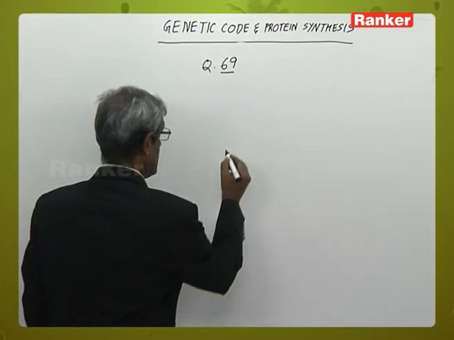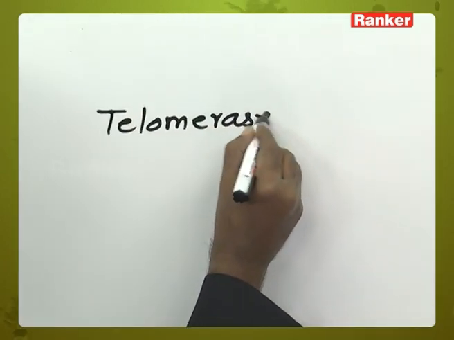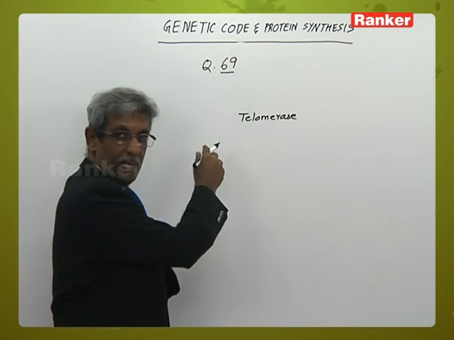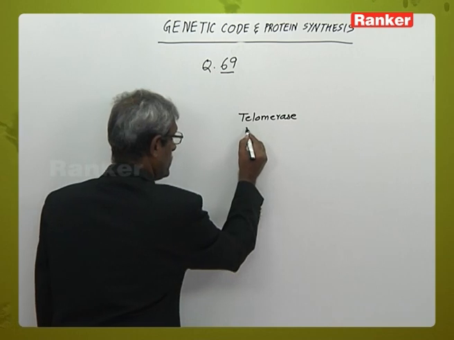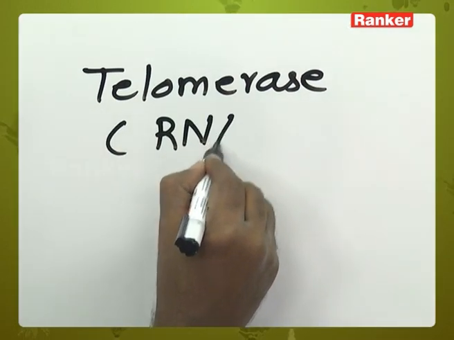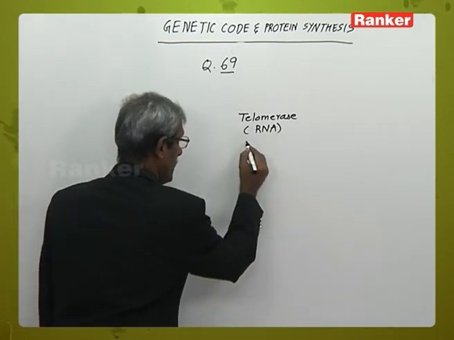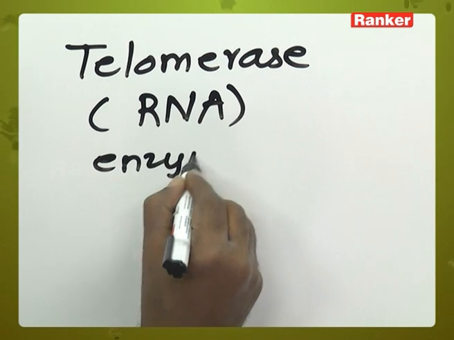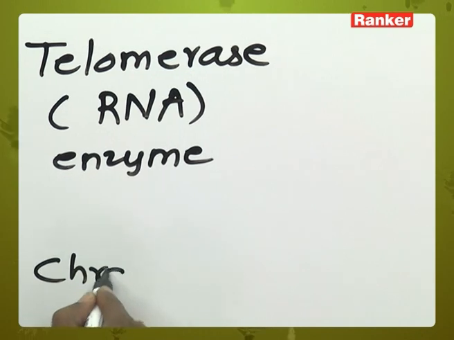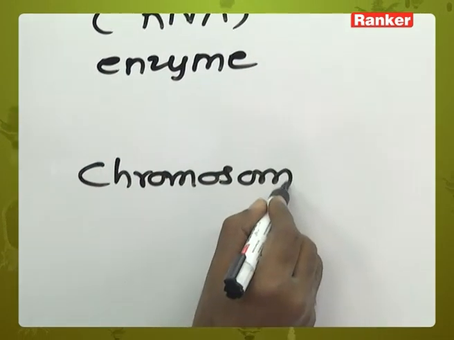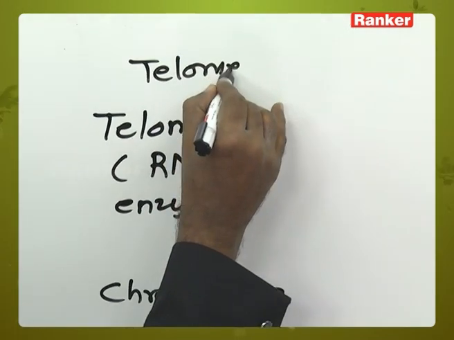When you take telomerase, it is primarily a molecule which is rich in RNA, and so it is an RNA binding enzyme. It is associated with chromosomes, with the tip of the chromosome called a telomere.